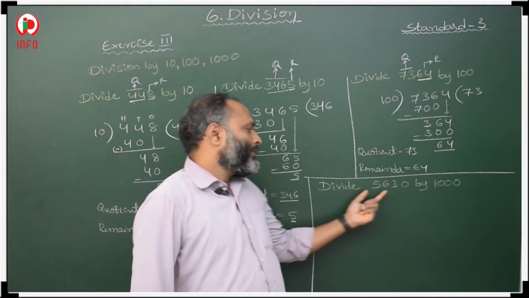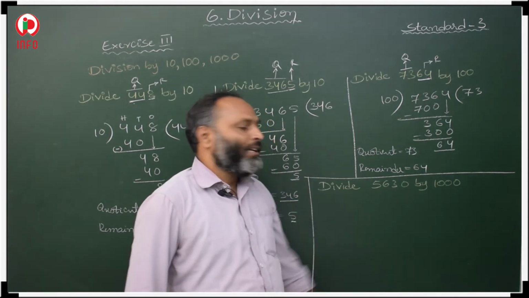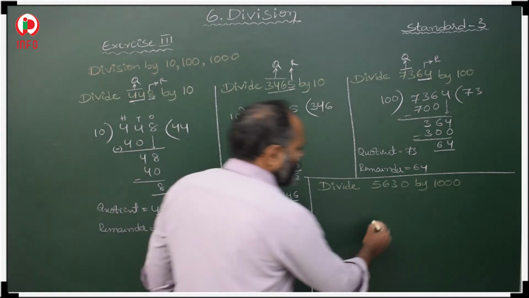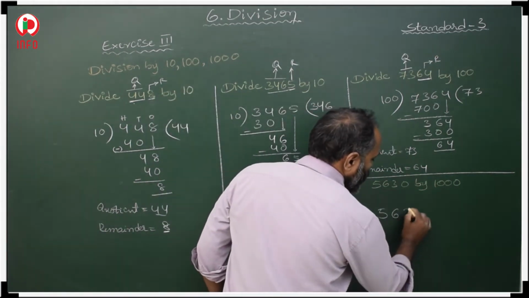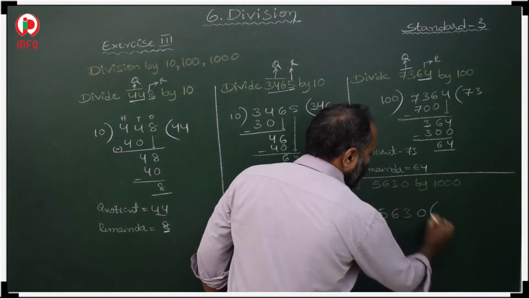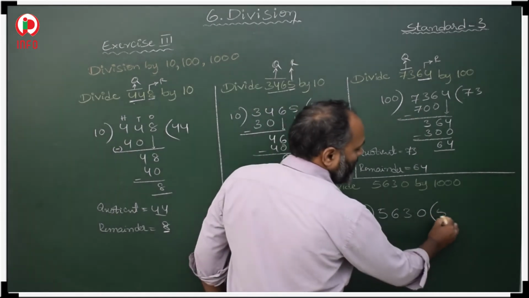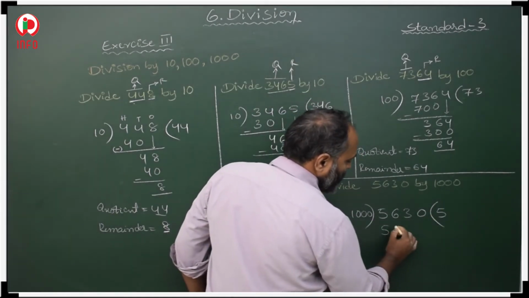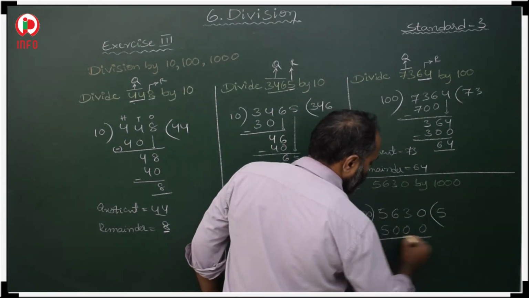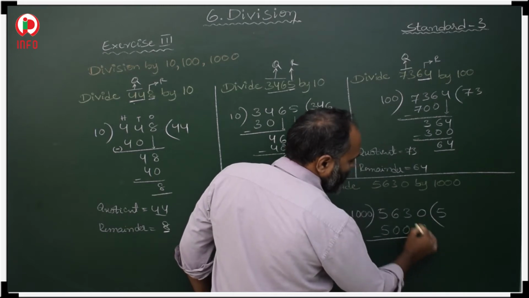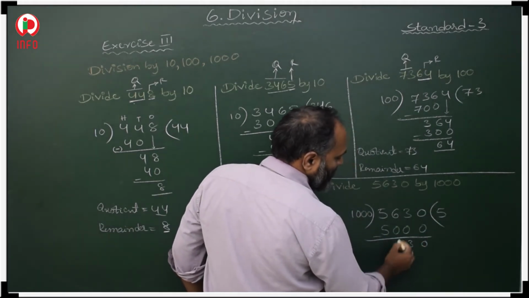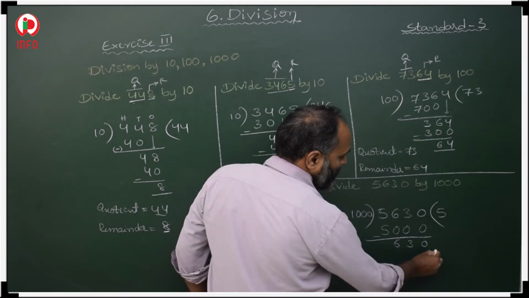Now, divide 5630 by 1000. See here, 5630 divided by 1000. 1000 5s are 5000. Then minus: 0 minus 0 is 0, 3 minus 0 is 3, 6 minus 0 is 6, 5 minus 5 is 0.